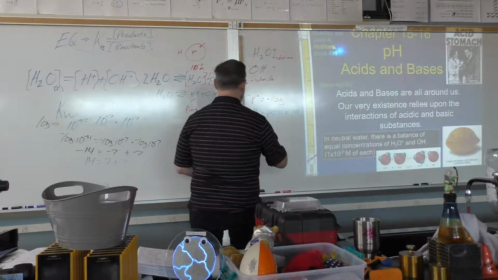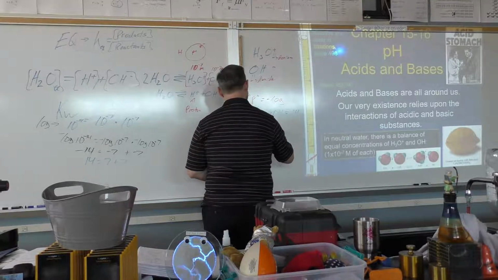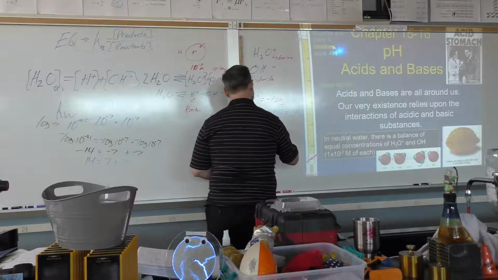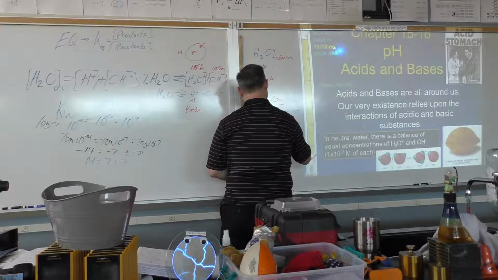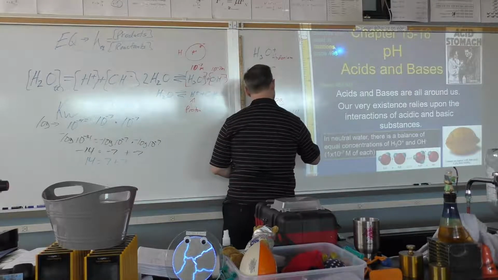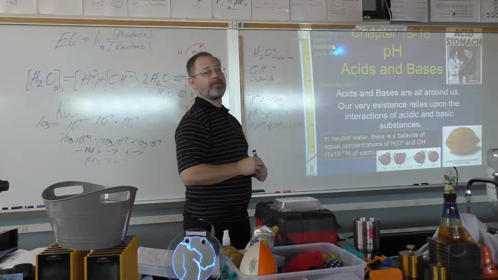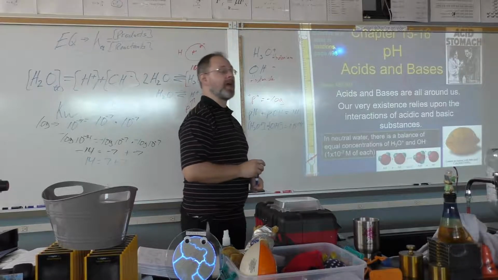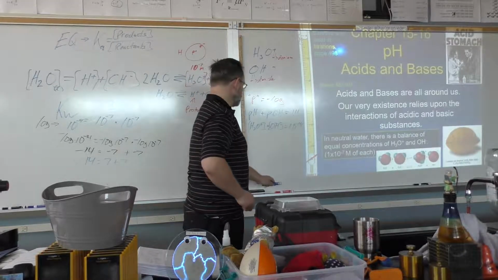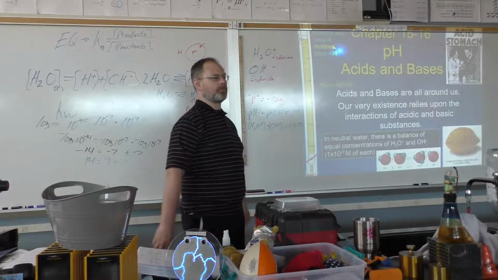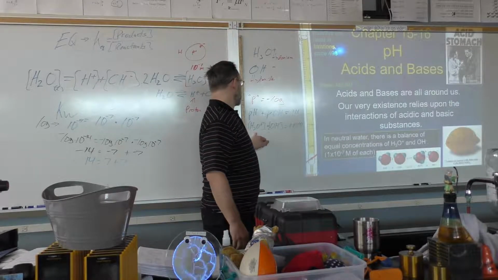And the hydronium ion concentration multiplied by the hydroxide ion concentration is 10 to the negative 14. Those are very handy relationships. And there's more: H3O+ and OH-.